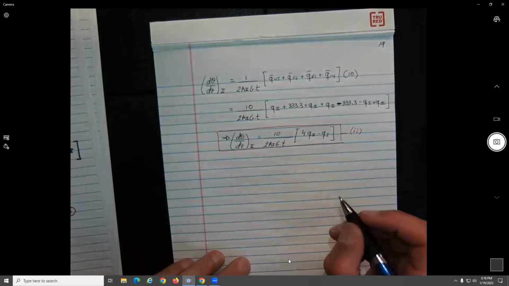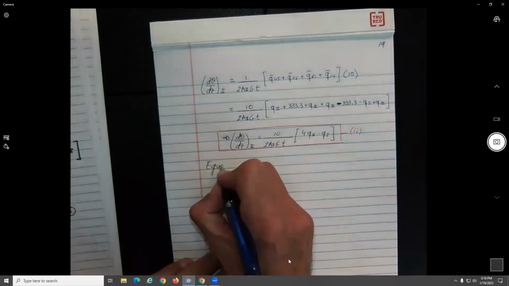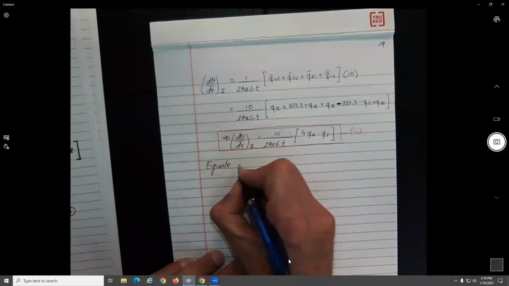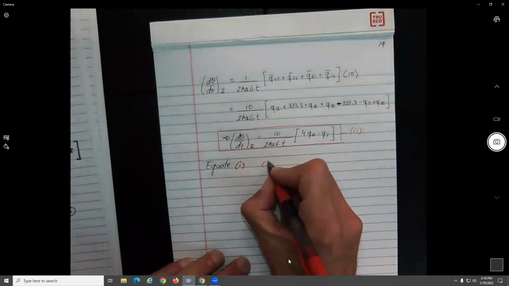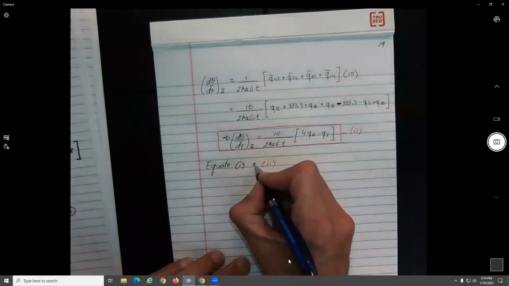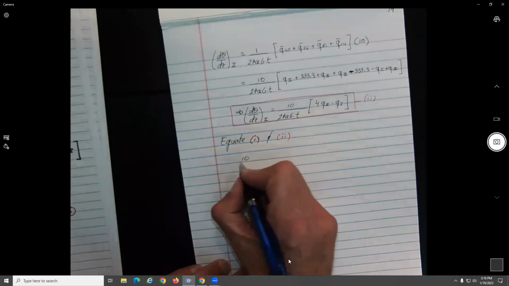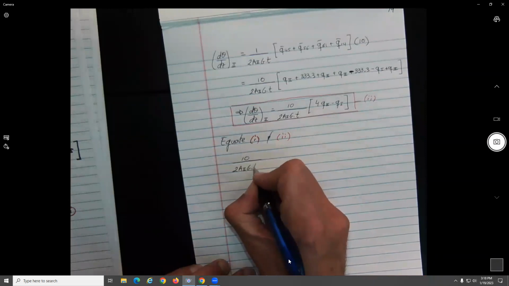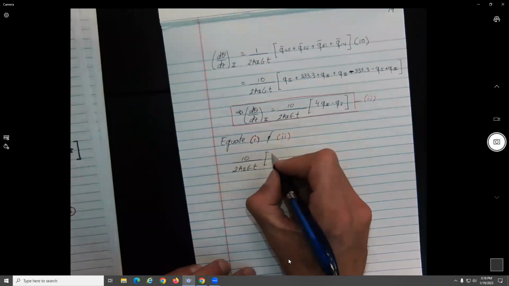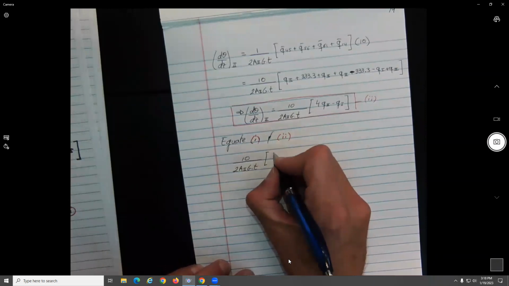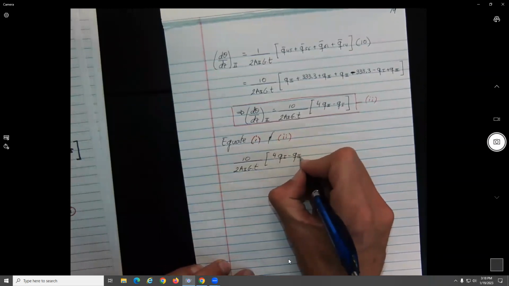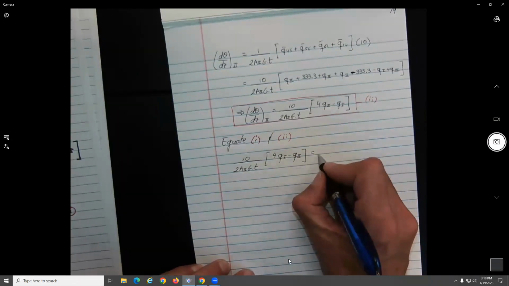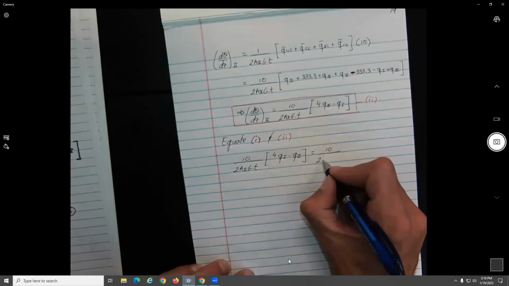Okay, so now we equate basically 1 and 2, and what do we get? We get 10 divided by 2 A sub 1 GT for 4 Q1 minus Q2 equals 10 over 2 A sub 2 GT for 4 Q2 minus Q sub 1.